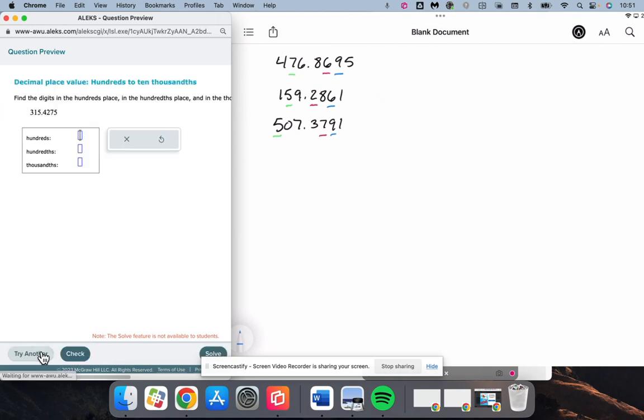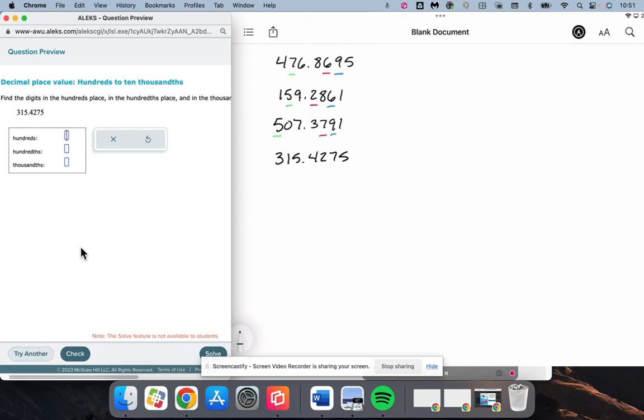Okay, one more. We have 315.4275, where you need the hundreds, hundredths, and thousandths.